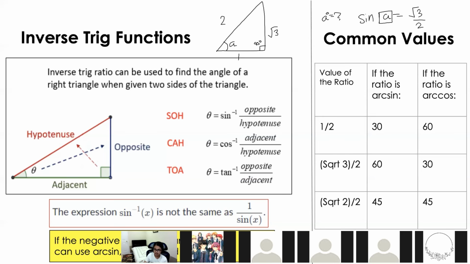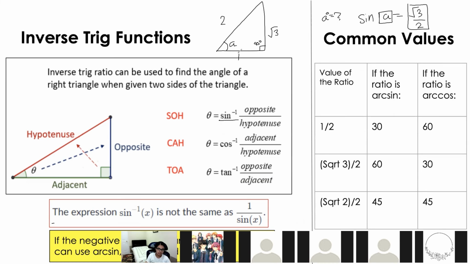Matthew, I'm not sure what you're trying to say. I'll go over that in a bit, like what this thing means right here. Ian says you need a calculator for this, and usually you do. But this thing is root 3 over 2. It's a very common value.